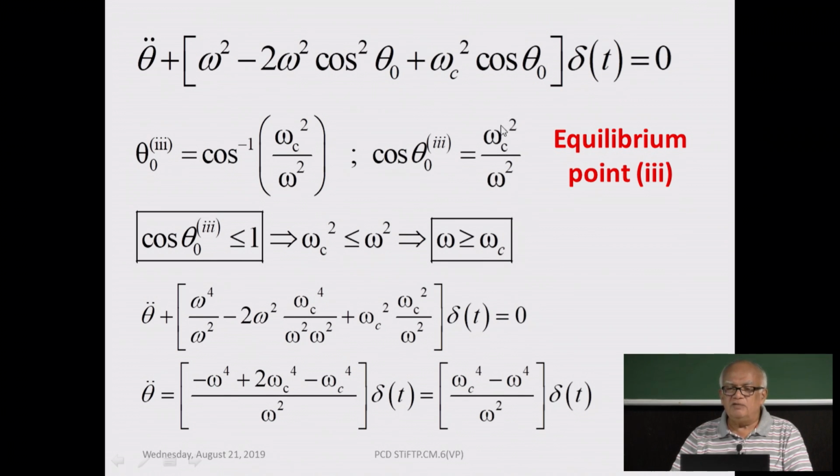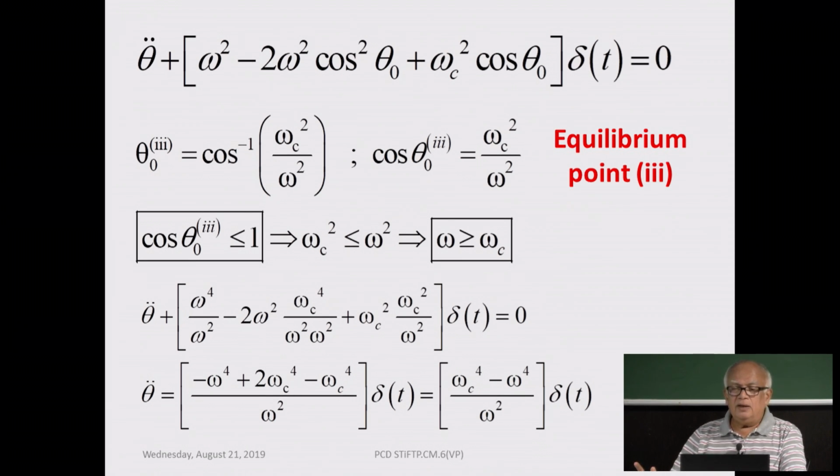You put this value over here and then you simplify this, and you see that this is the second derivative of theta, which is going to give you the nature of the equilibrium. Whether it is a stable equilibrium or an unstable equilibrium is going to be determined by the sign of the second derivative of theta. This term is omega c square minus omega square, and obviously below omega c and above omega c, this has a different sign.